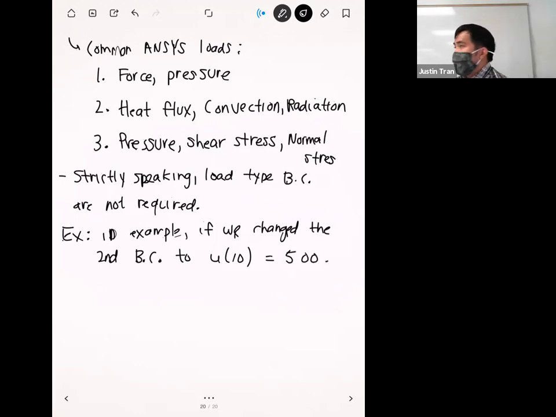We basically eliminate the load type boundary condition. We only have constraints now. What you'll find is that you can solve it just fine.